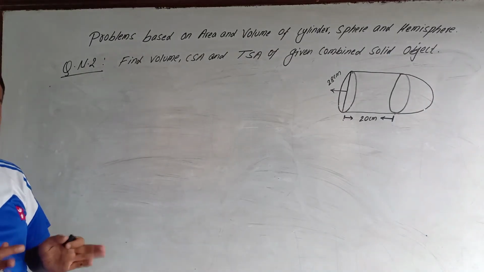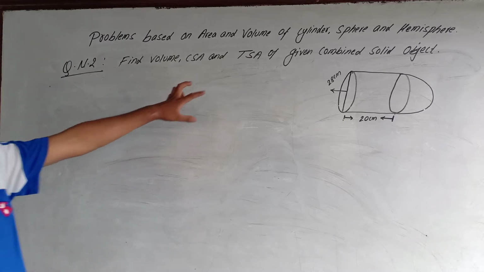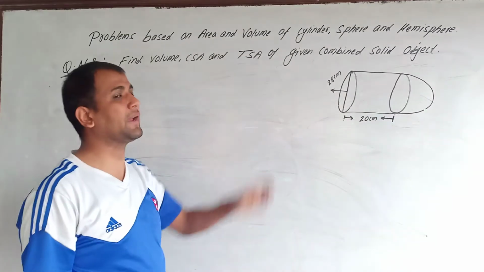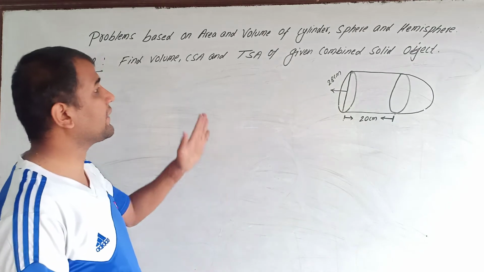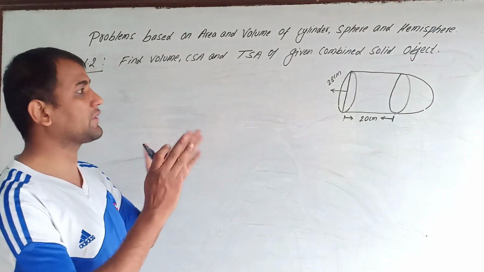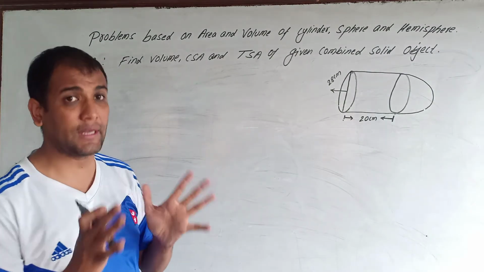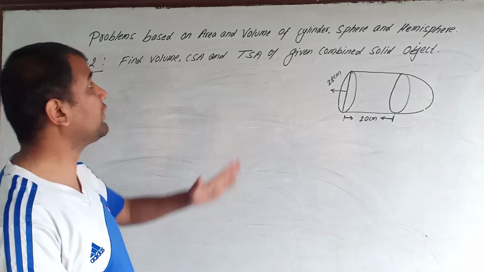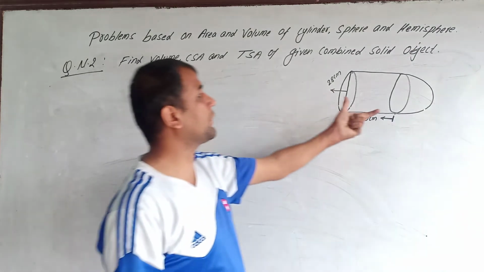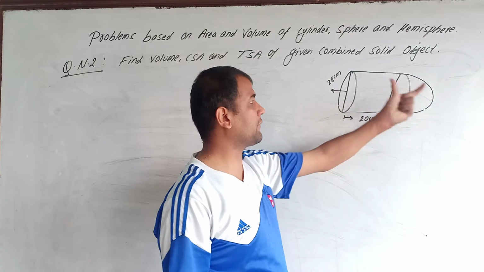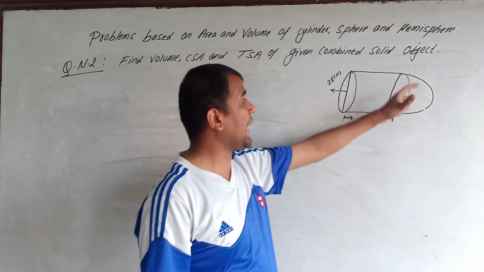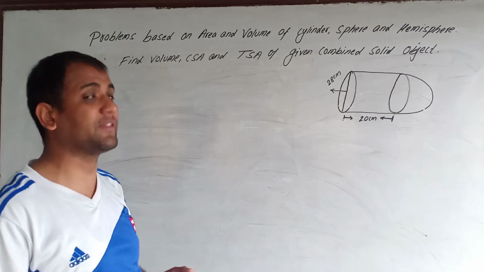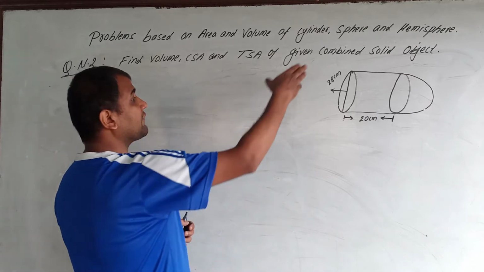we find the curved surface area of the combined solid object. But to find the total surface area of this combined solid object, we are not allowed to find the total surface area of each solid object and add those two. First, we should find the curved surface area of the cylinder, the curved surface area of the hemisphere, and if any part is remaining here, then find the area of that part.